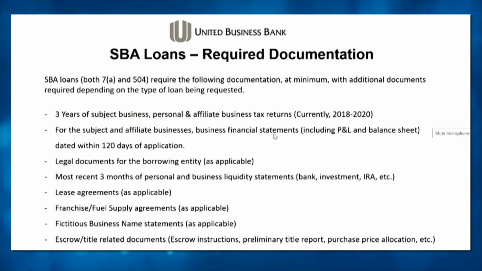If you're doing any transaction that involves a franchise or any sort of gas station fuel supply or any of the hotels that are branded, make sure you go to that webpage and look up your franchise. It will tell you whether it's eligible or not eligible, or if it is eligible and there are conditions, it'll tell you all of that information there. So that's what the lenders look at. And if you check that first, then you will know exactly what the lender is going to require of you and of the franchise.